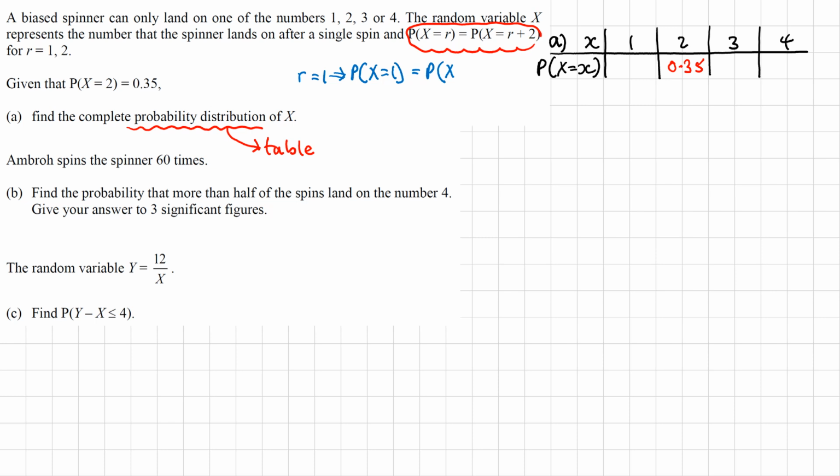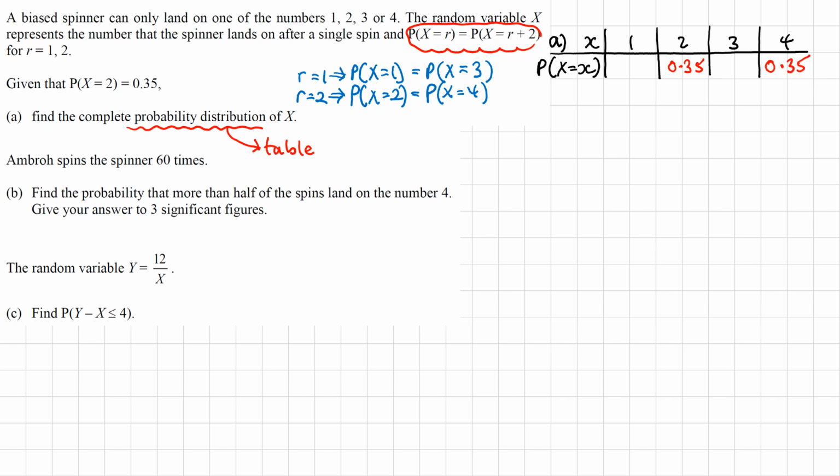So the probability of 1 and 3 are equal. When r is equal to 2, we get the probability that X equals 2 is equal to the probability that X is equal to 2 plus 2, which is 4. So the probabilities of 1 and 3 are the same, and the probabilities of 2 and 4 are the same. We have the probability of 2, so the probability of 4 is the same.